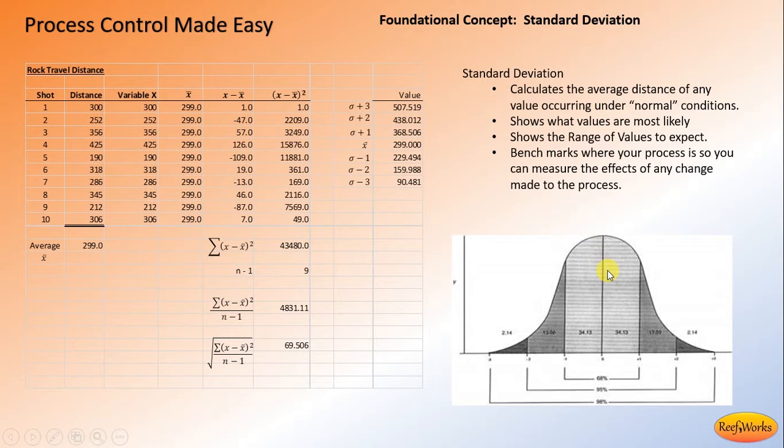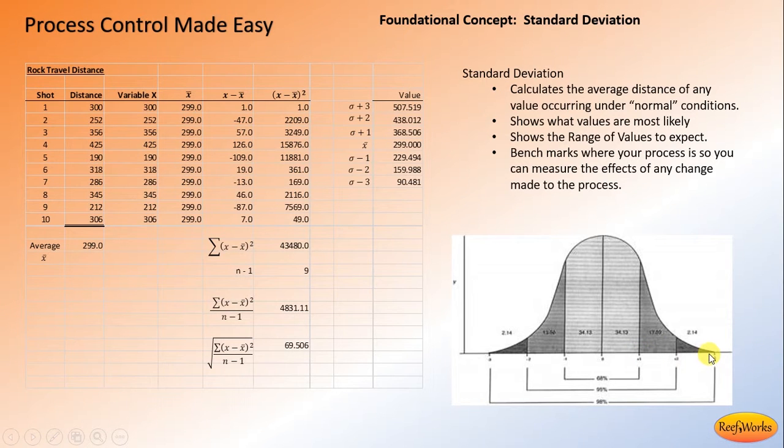And the normal distribution is a statistical measure for where values are likely to land. So the middle is our average, 299. Then we go minus 1 standard deviation, minus 2, minus 3. Excuse me, those are the minus side. And the plus 1, plus 2, plus 3 over here.